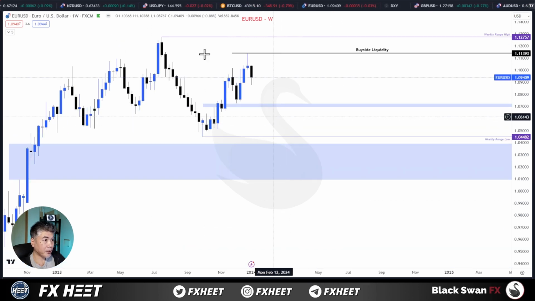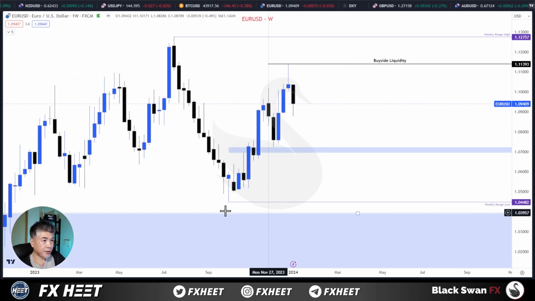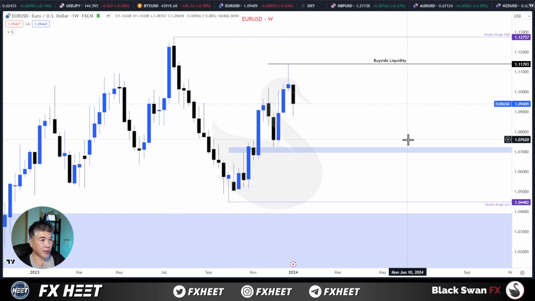So we use this as a current range of price, and you can see price is currently trading within the overall range of price.